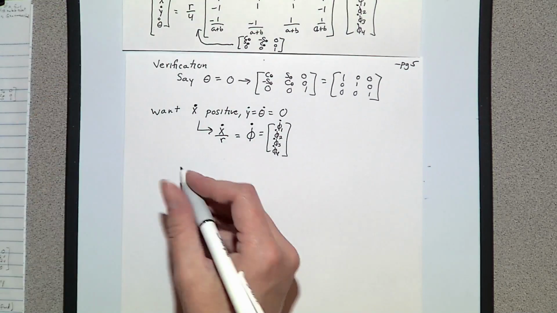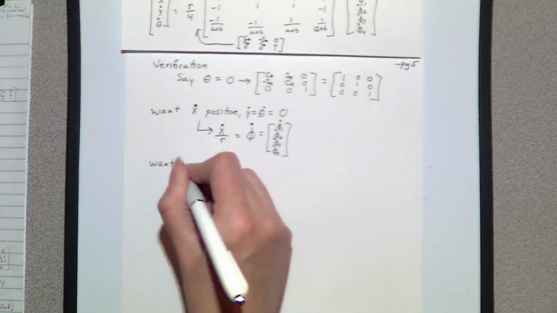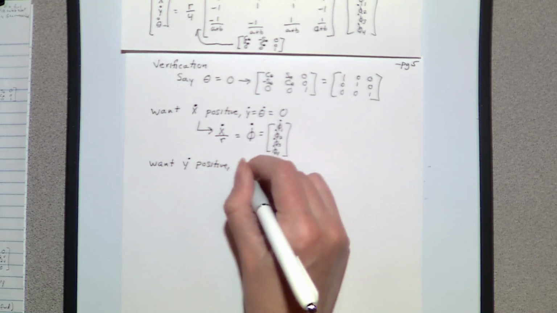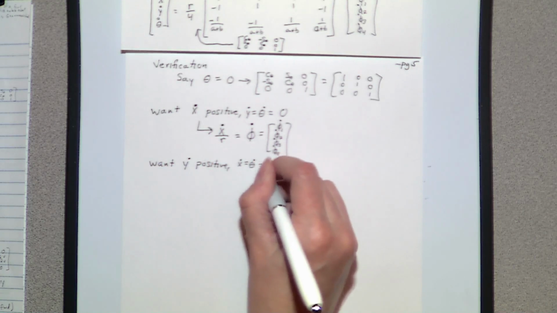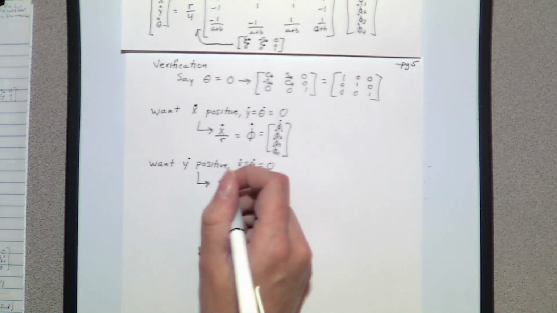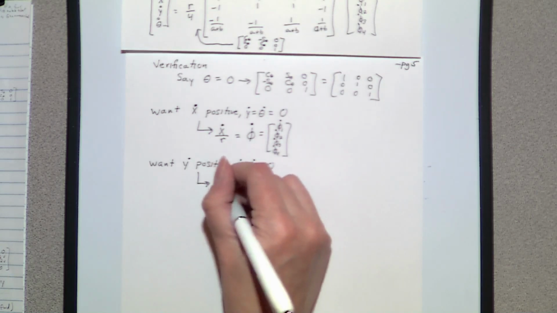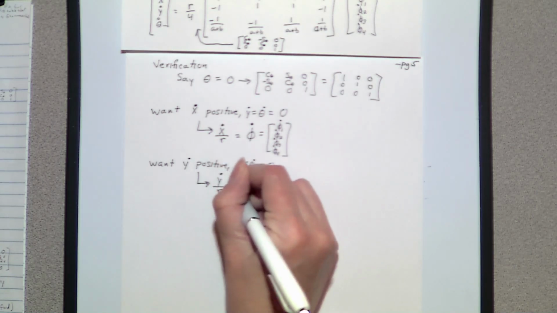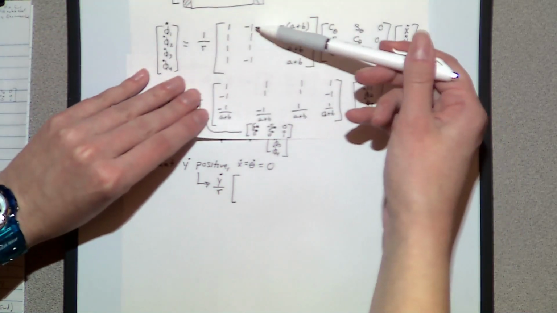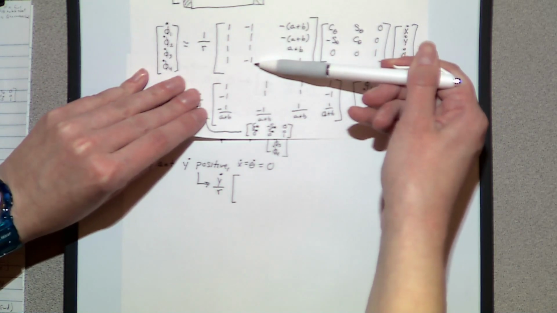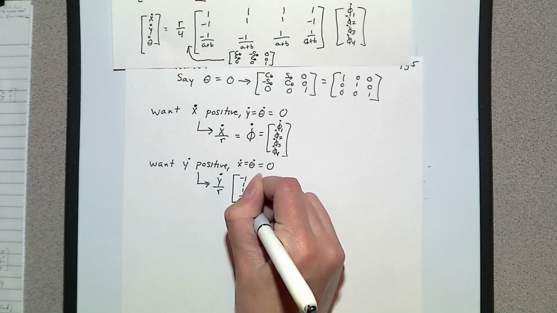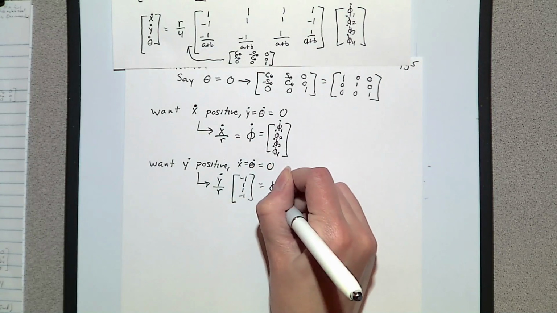And then similarly, let's say that we want y dot positive and our x dot and theta dot being 0, then what we would have is y dot over r. And so in this case, we'd be pulling off a -1, 1, 1, -1 equals phi dot.